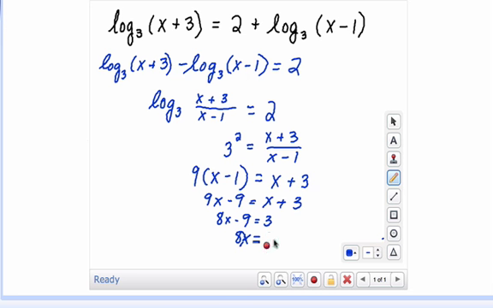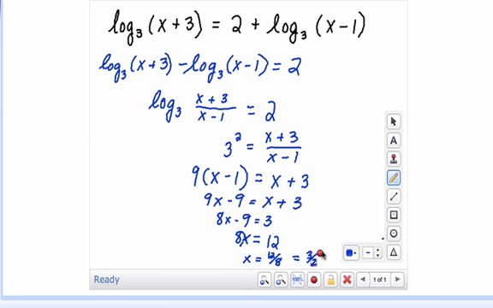So you'll get 3 plus 9, which is 12. And then we're going to divide both sides by 8 so we can solve this for x. 12 divided by 8, you can simplify that. Divide both by 4, and that gives you 3/2.